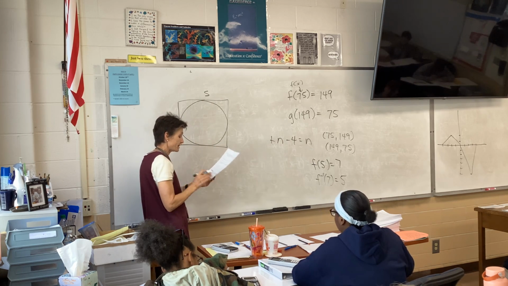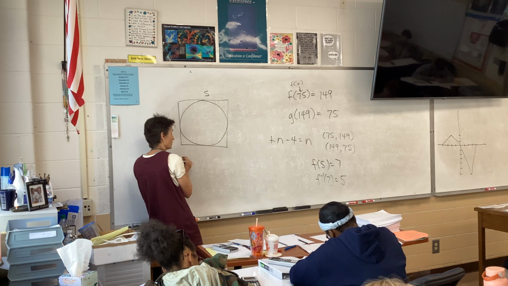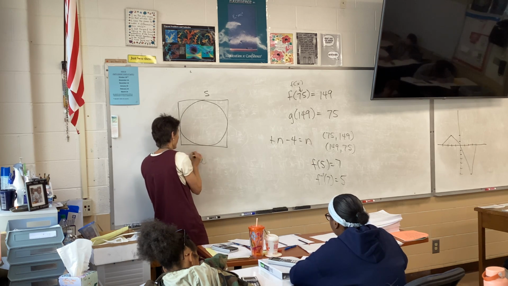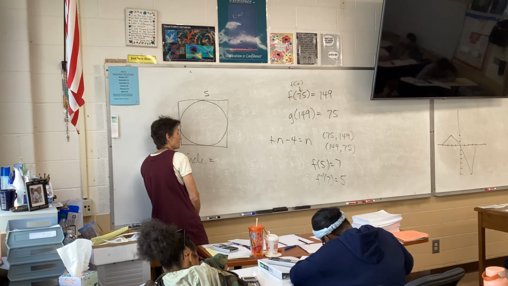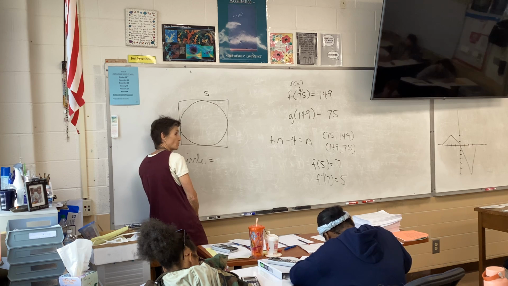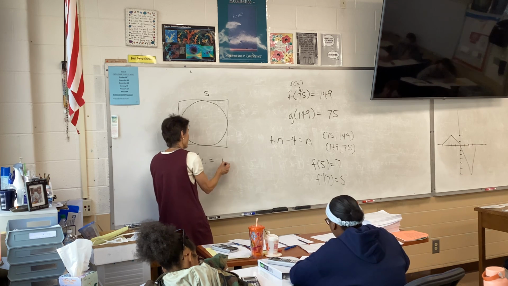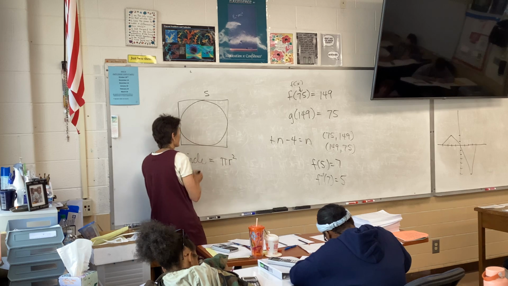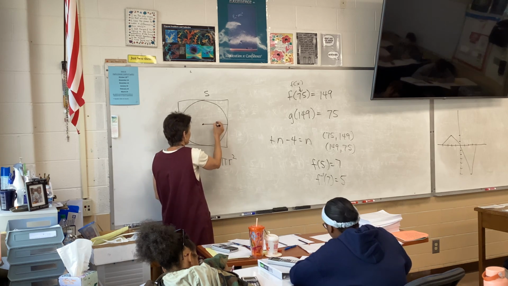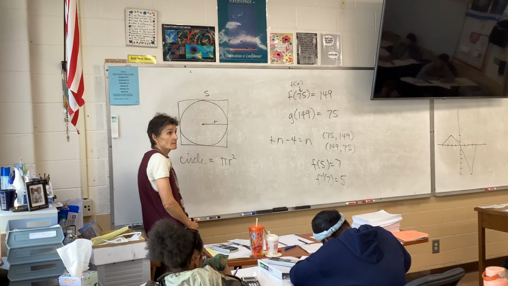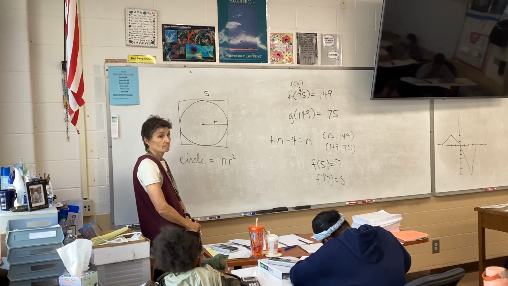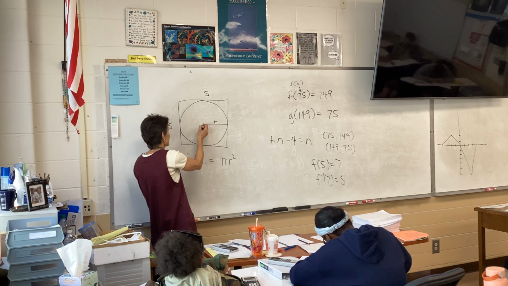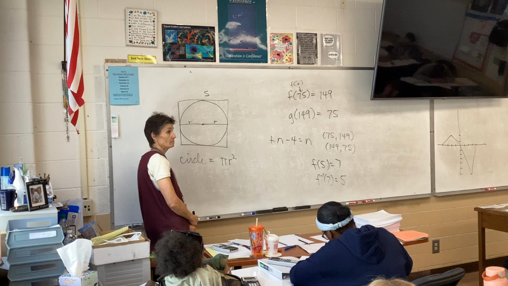You are gonna write the area of the circle. What's the formula for the area of a circle? Pi r squared. So would you agree that that's a radius? And isn't this also a radius?